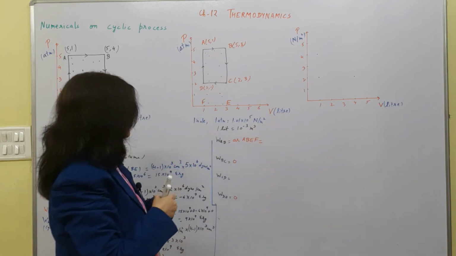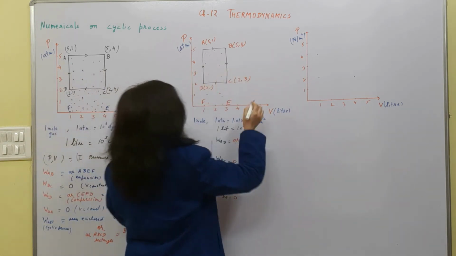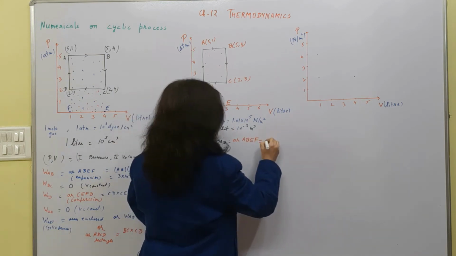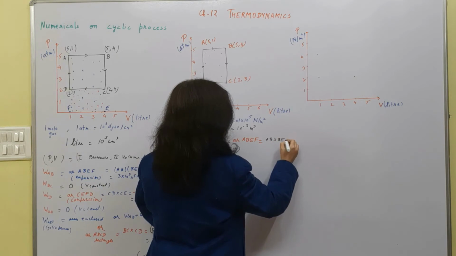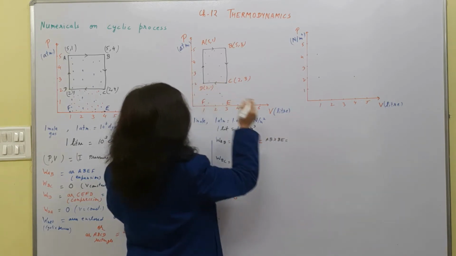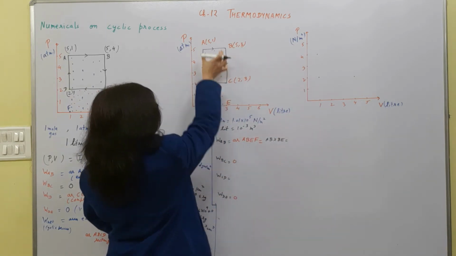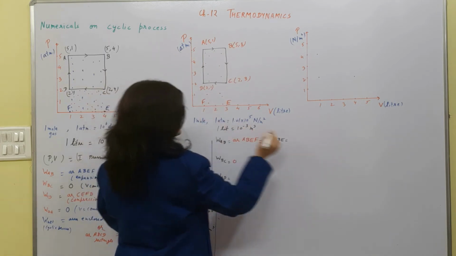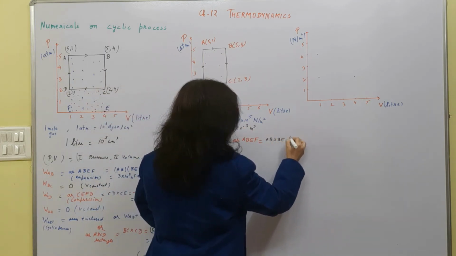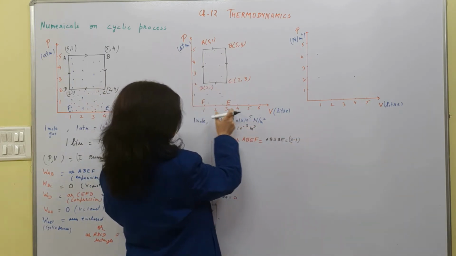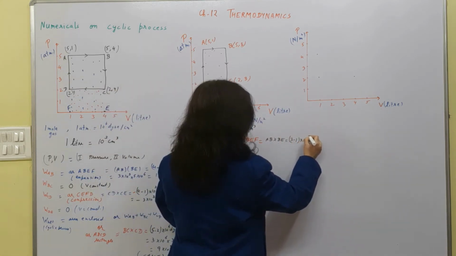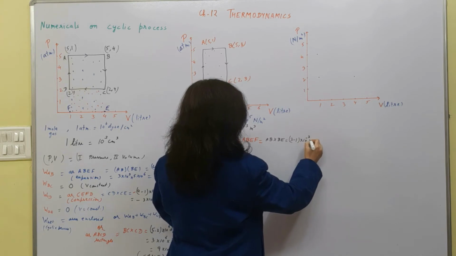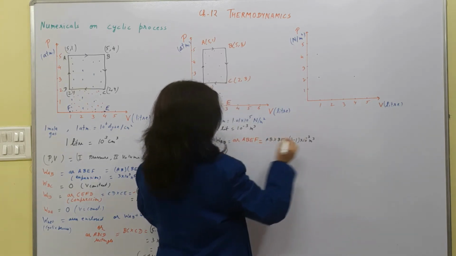So this will be given by AB into BE. And this can be written as AB is how much? This gap. This is 3 minus 1. This is volume. 3 minus 1 is volume. So you can write down into 10 to the minus 3 meter cube if we are writing.